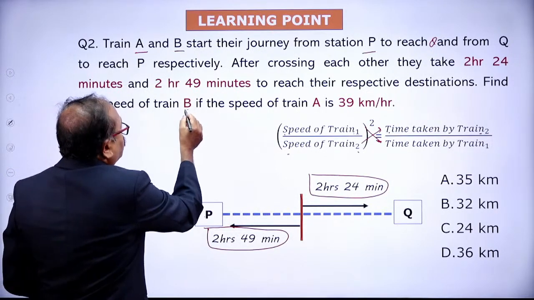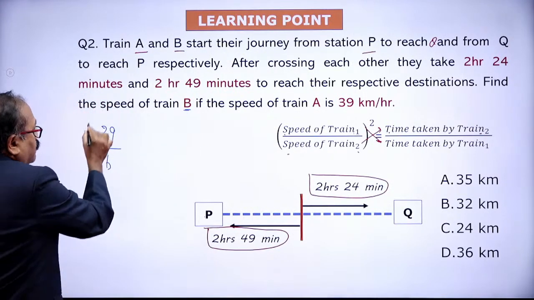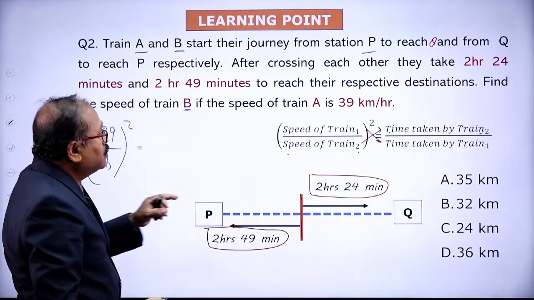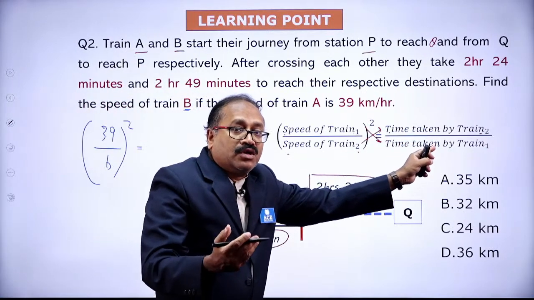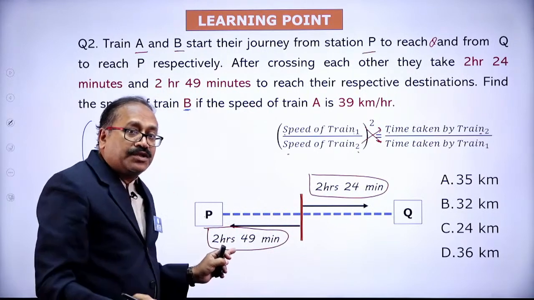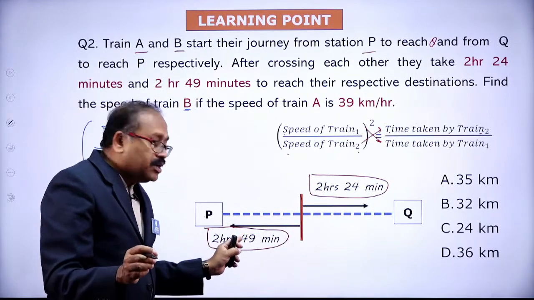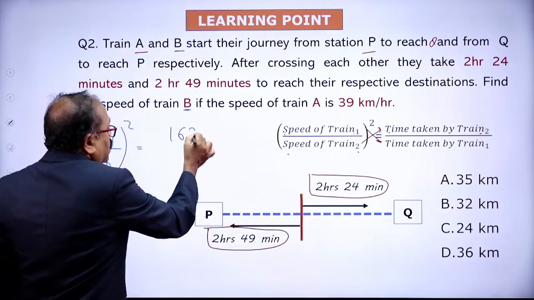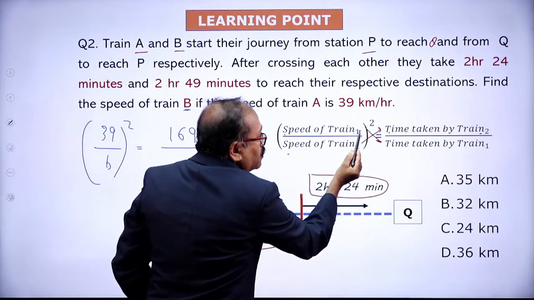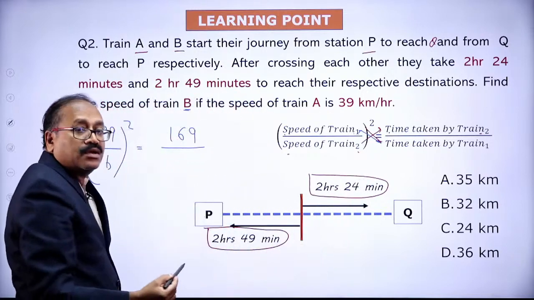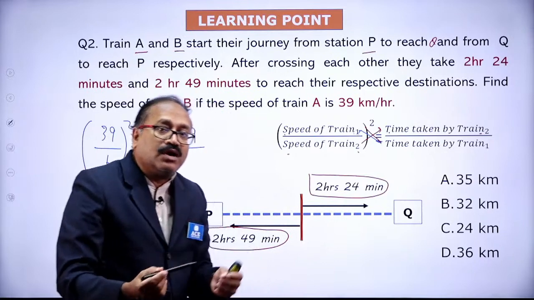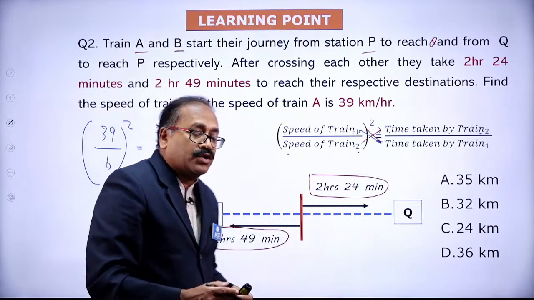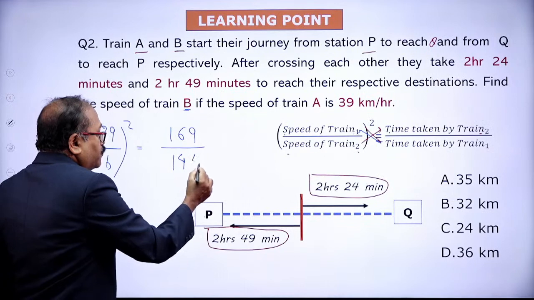Let's take the speed of train B, which I have to find out, as B. Then 39 by B, whole square, is equal to the time taken by train B after crossing to reach the destination: 2 hours 49 minutes, 2 hours is 120 minutes plus 49 minutes, that comes to 169 minutes, by the time taken by train A after crossing, 2 hours 24 minutes, that is 120 plus 24, 144.